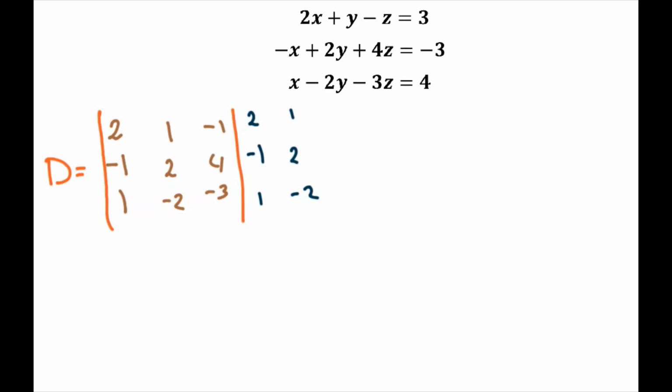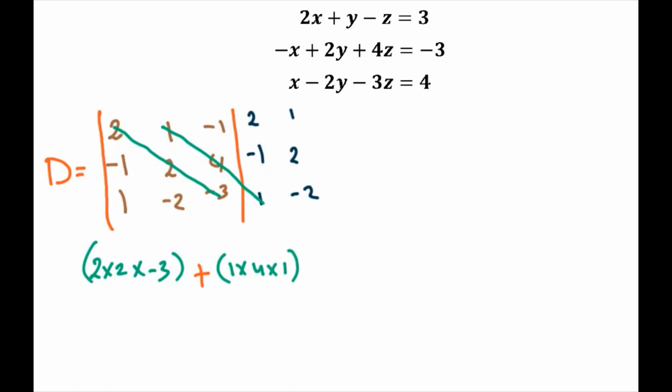And then we start crossing diagonally from the left corner and multiply these values. And we will add it to, we are going to repeat this and add the product of whatever elements come over the line.